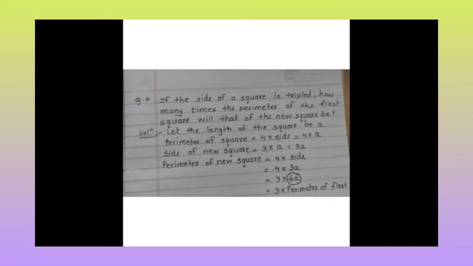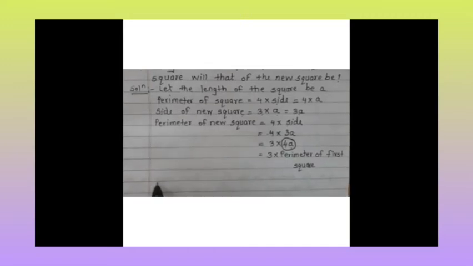Okay student, so now this is the perimeter of the first square. So I can write it as 3 times the perimeter of the first square, or you can write the original square also. Understood? So what is your answer? The question asks how many times the perimeter of the first square is that of the new square. So my final answer will be in this way.